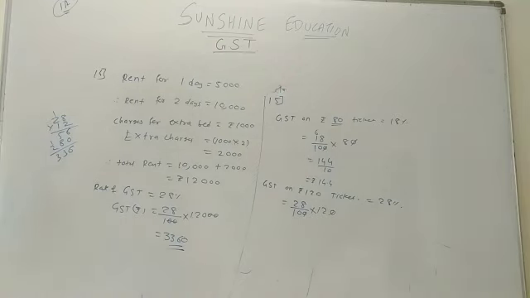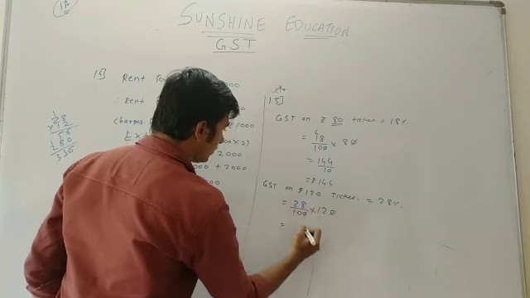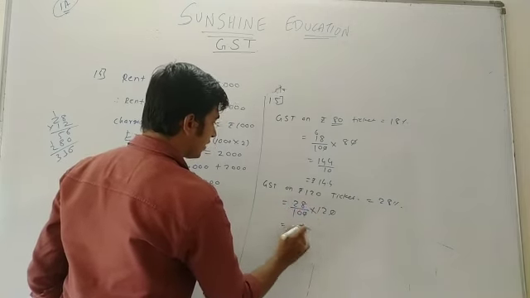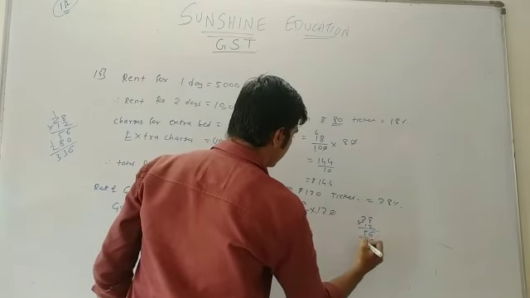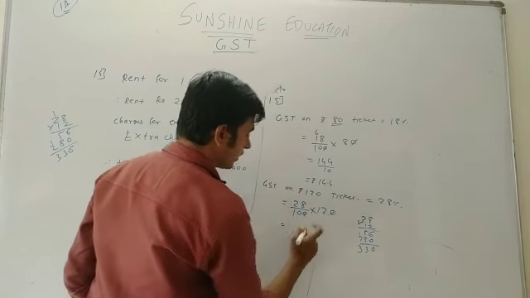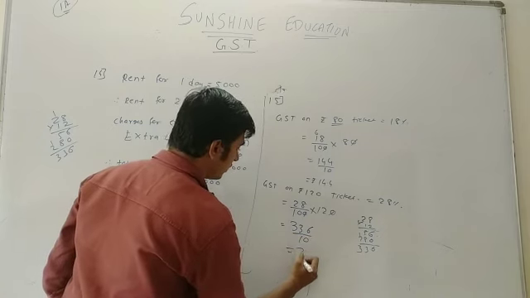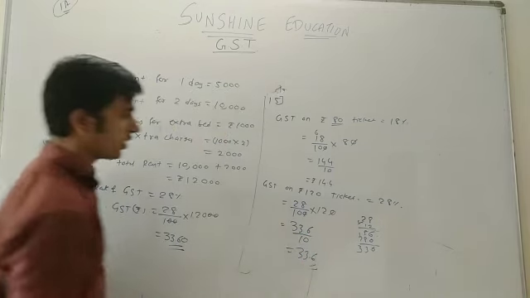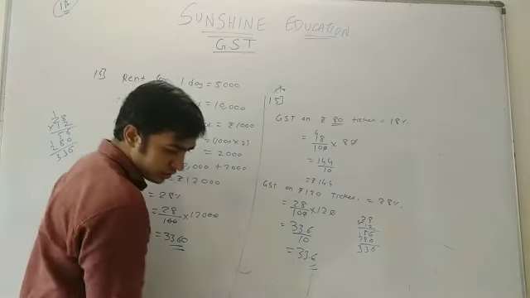So 28 times 12 is 336, upon 10. So it is 33.6.